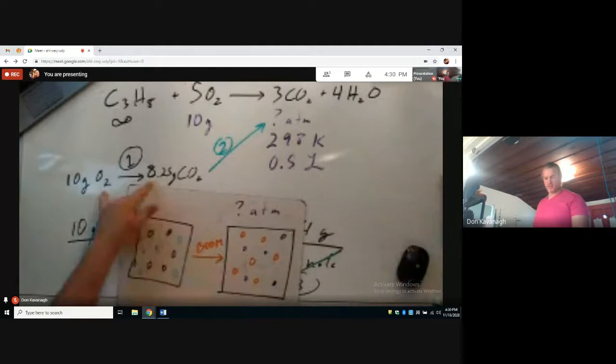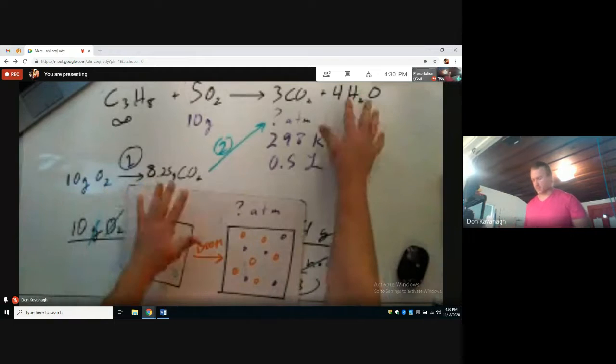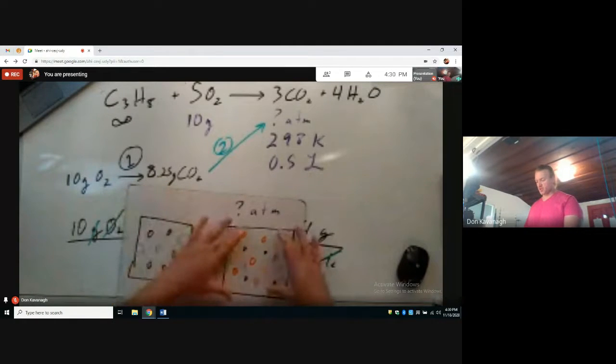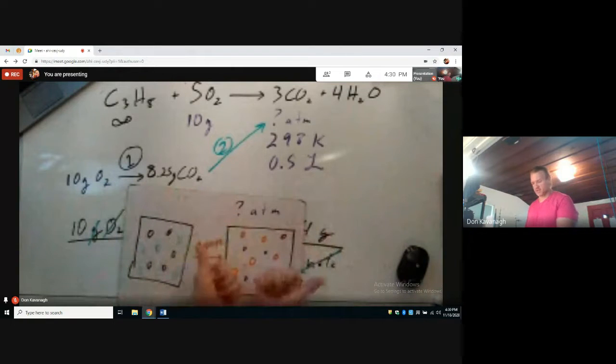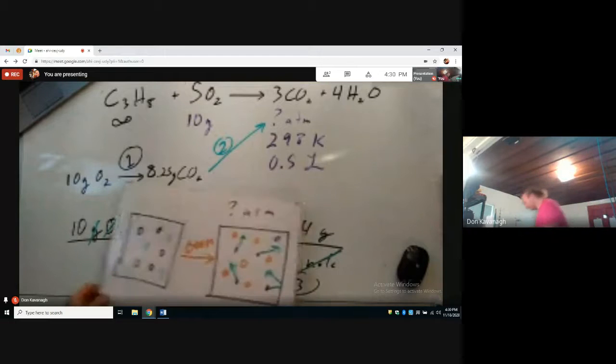Now that seems like it violates conservation of mass, but remember that we have water also to produce. So the remaining 1.75 grams and all the other stuff, you've got to distribute the masses. But what is the pressure that 8.25 grams of CO2 is going to exert on the sides of the container, pushing out as those gas molecules are constantly moving all the time and bouncing off the sides of the container?